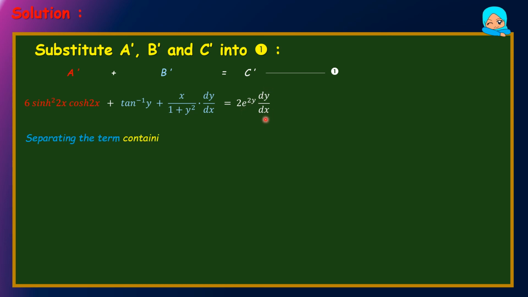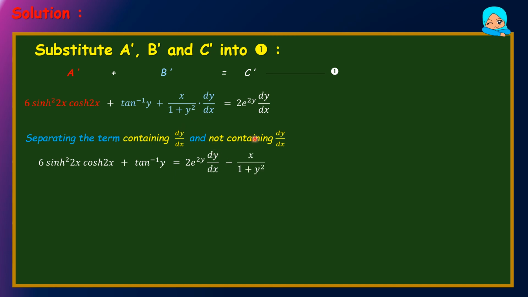Okay, and then we have two terms containing dy over dx. So what we should do is separate the terms containing dy over dx and the terms not containing dy over dx. Let's say we bring the terms containing dy over dx to the right hand side. From the right hand side, the original equation, we have 2e to 2y dy over dx.